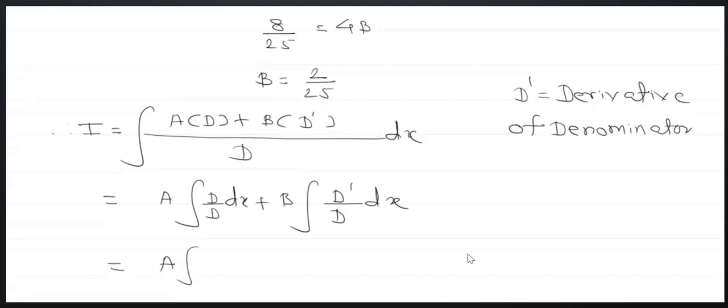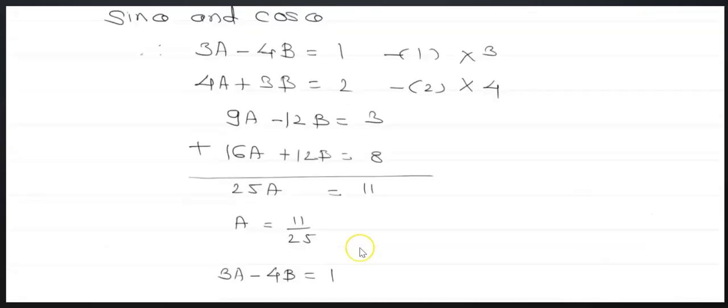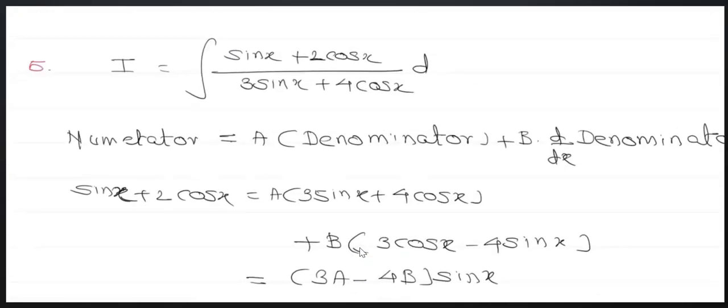Therefore its integral is a times the integral of 1 dx plus b log of d plus c. Integral of 1 is x, and the value of a is 11 upon 25 x plus 2 upon 25 log of d plus c.